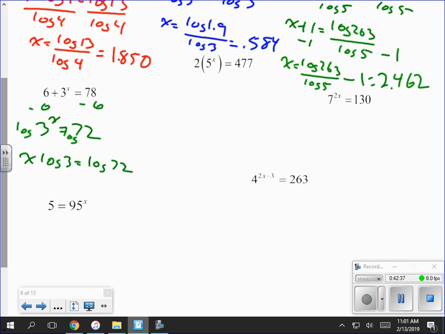Divide both sides by the log of 3. X equals the log of 72 divided by the log of 3. I get 3.892, or 3.893 rounding.